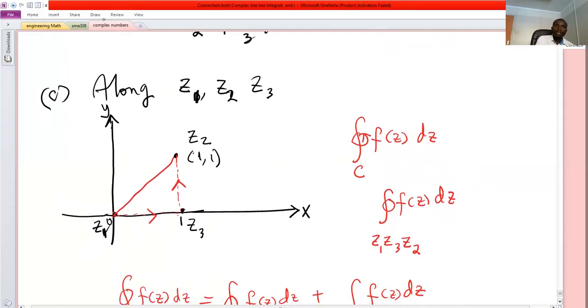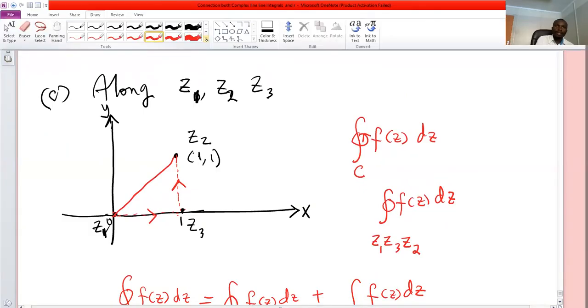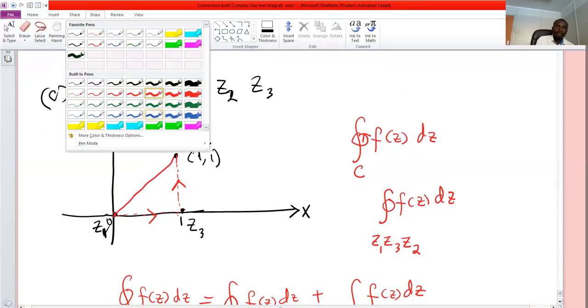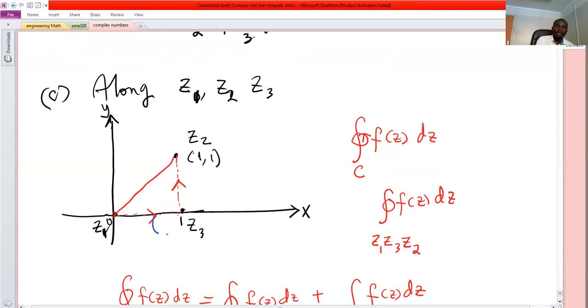This is just the line, the x-axis, or the line y equals 0. And this other one here, this vertical line, z3 z2, is simply the line given by x equals 1. So this path is the curve x equals 1, and this other one is the curve y equals 0.